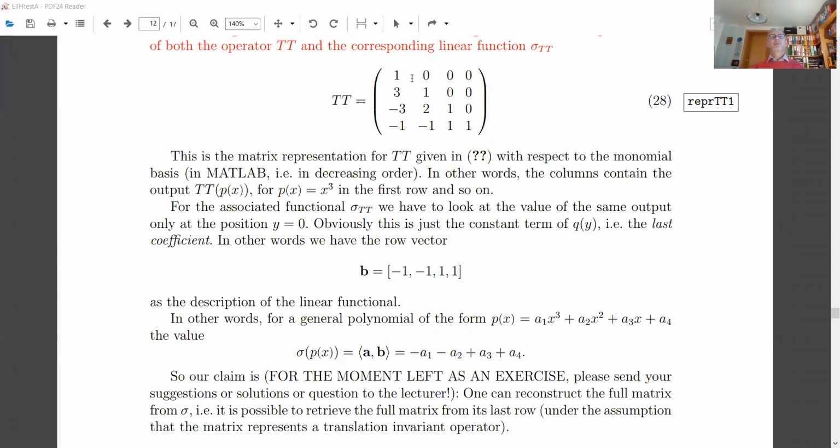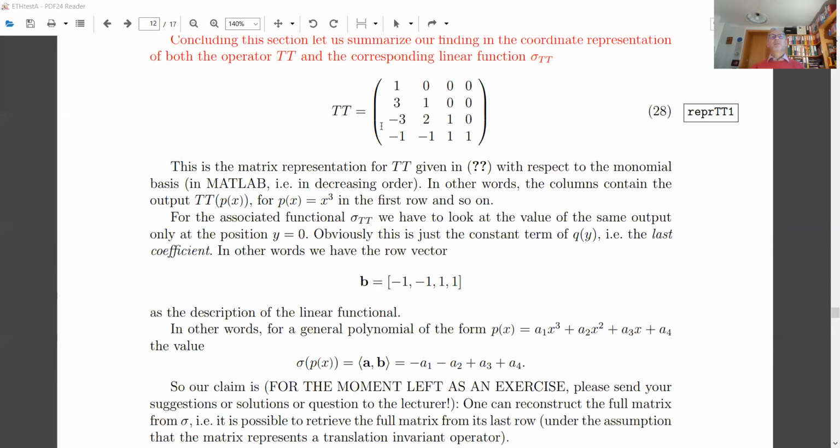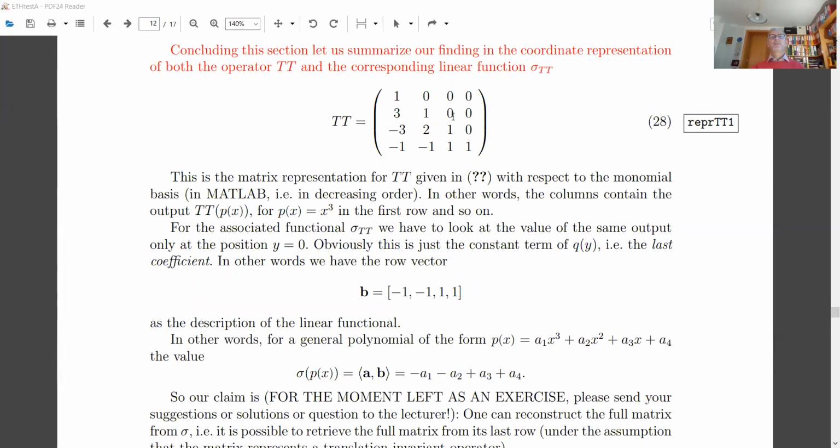I have checked everything now. These notes were correct. So there was this mapping which maps the polynomial to something which combines shifted derivatives and so on. And the resulting matrix is visible as number 28.